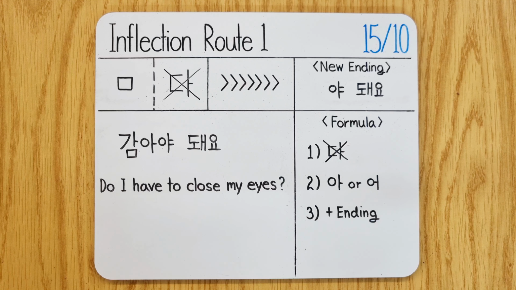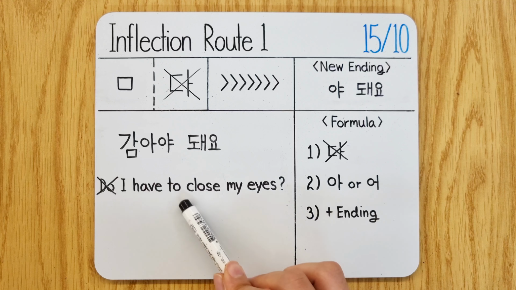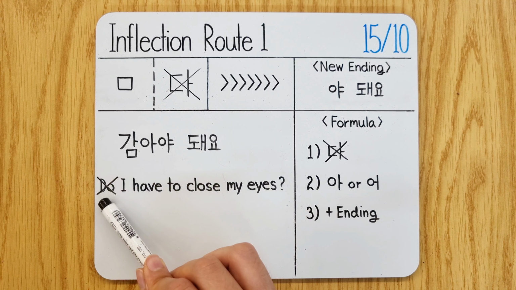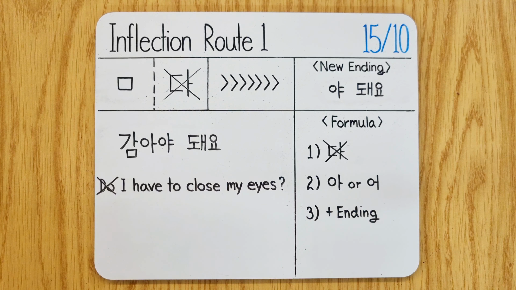Let's say today is my birthday and my friend says, hey, I have a surprise for you. And I'm going to say, oh, do I have to close my eyes? Of course, I am going to first omit grammatical components that are too obvious according to the context or components that are not used in Korean. Placing do in front of a question sentence that already has a verb as an auxiliary verb is not something that you would do in Korean. So I will take it away.